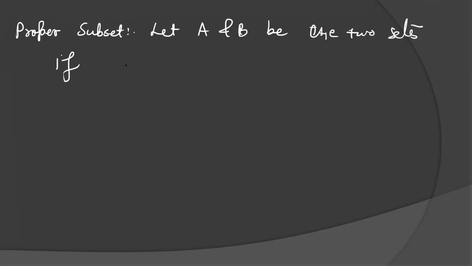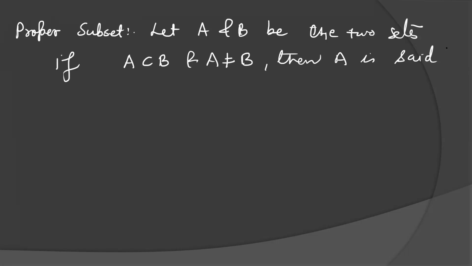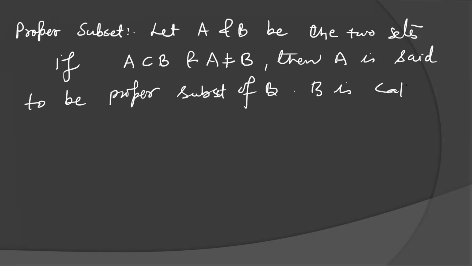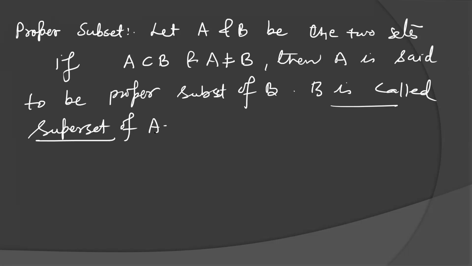If A is a subset of B and A not equal to B, then A is said to be a proper subset of B. B is called a superset of A. It means all the elements of A belong to B, but B has some additional elements also that do not belong to A.